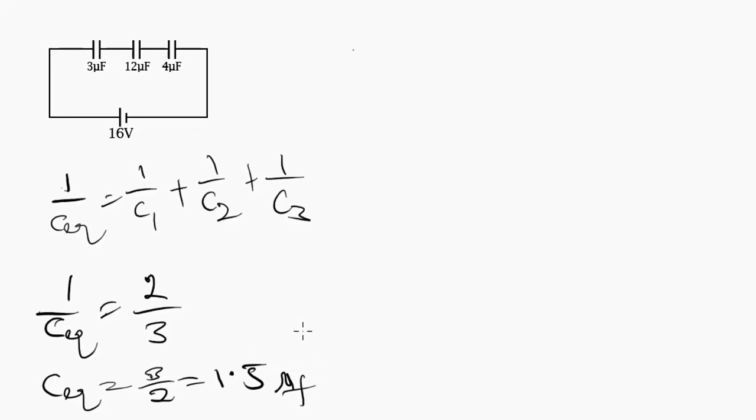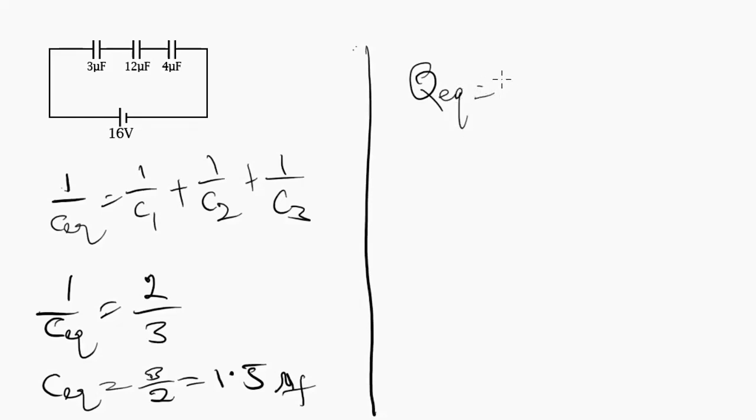Alright, now that we have the equivalent capacitance, we can go ahead and find the charge. So Q will be CV, where C is 1.5 microfarad. So 1.5 times 10 to the power of minus 6 times the voltage, which is 16.